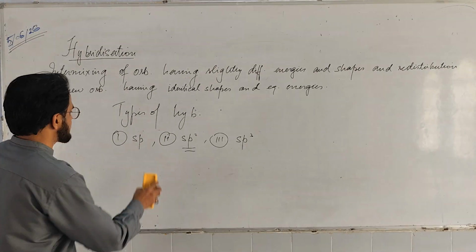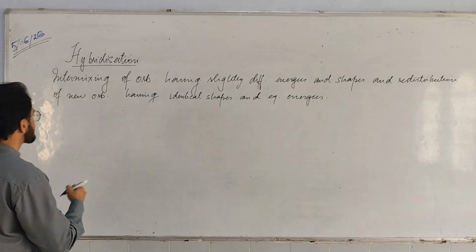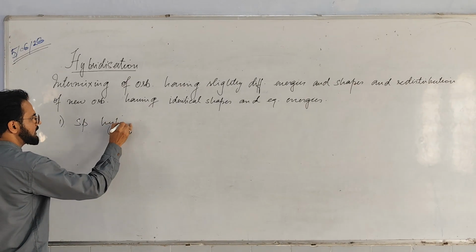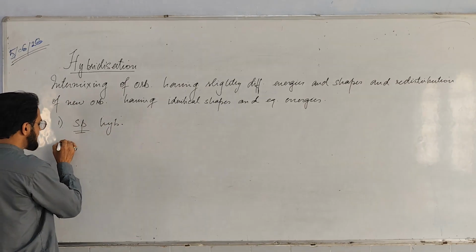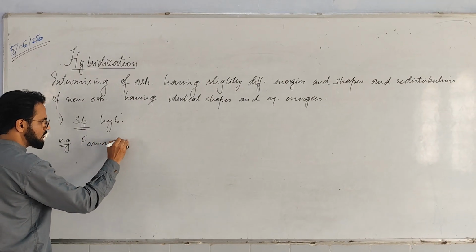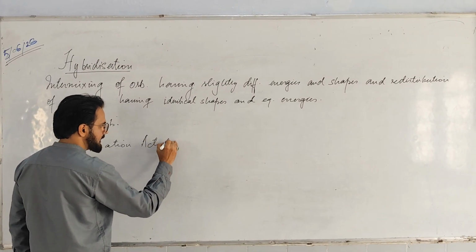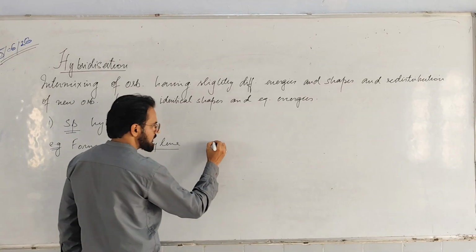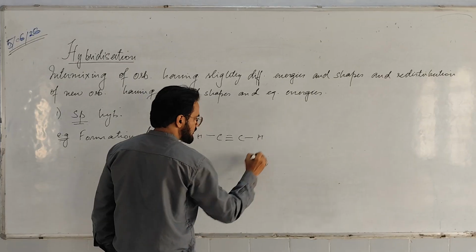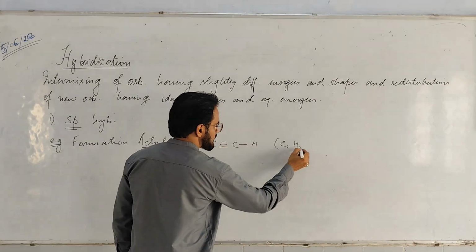We can explain the first one by an example or structure. sp hybridization, for example, the formation of acetylene, which means a carbon-carbon triple bond, C2H2.